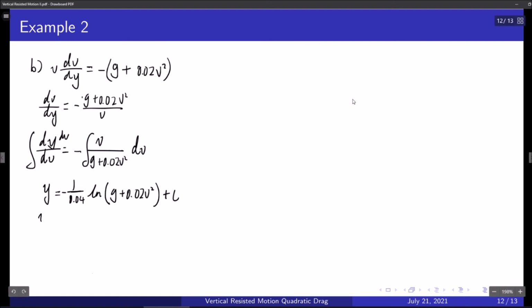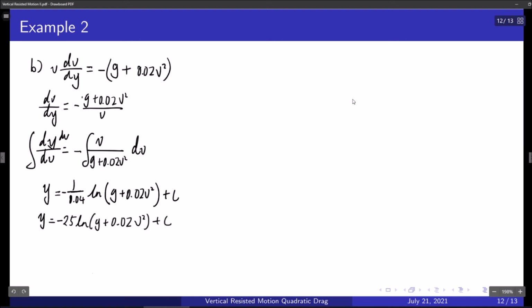So we can simplify this, so y equals negative 1 over 25... correction, 1 over 25 rather, log g plus 0.02 v squared plus c.